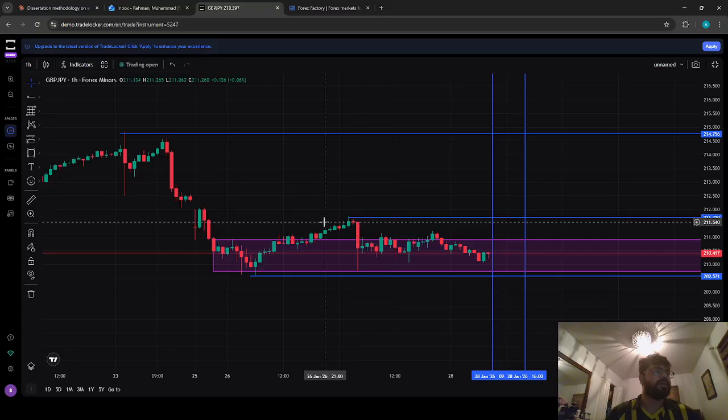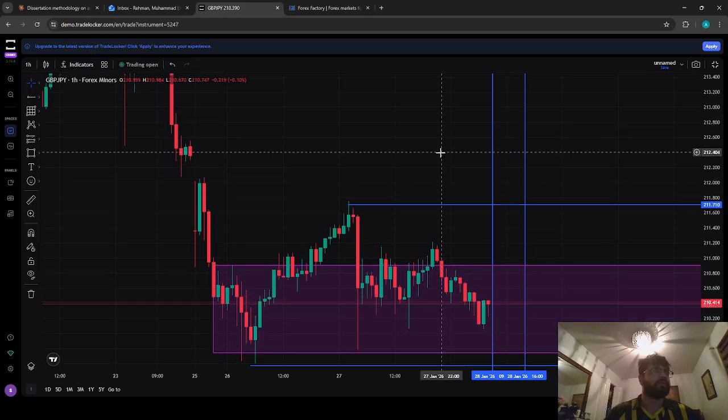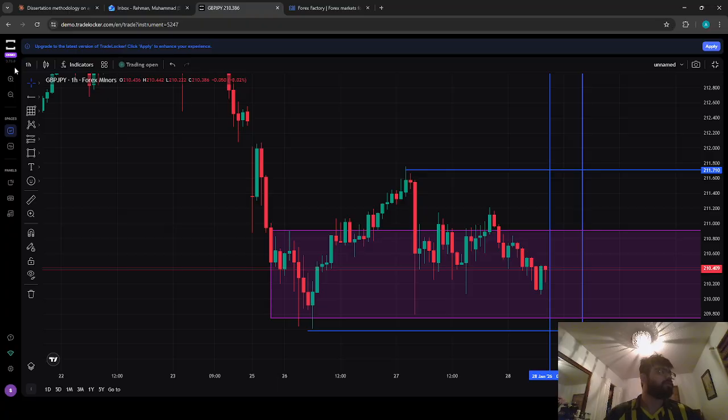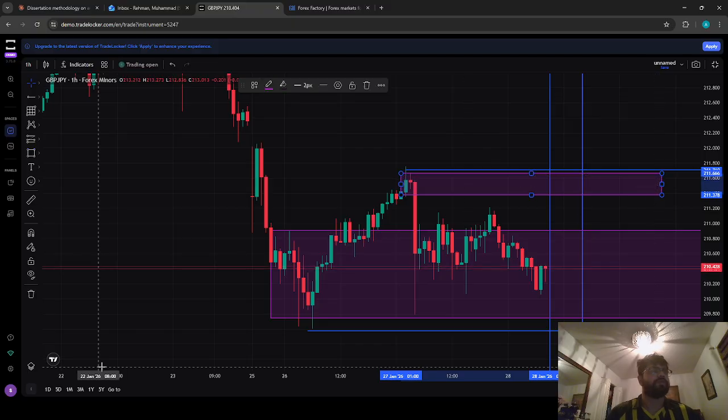And you can say that these two right here, there's an order block in there. So I like to keep it just slightly below, just so I can tell the difference between where the lines are. All right.